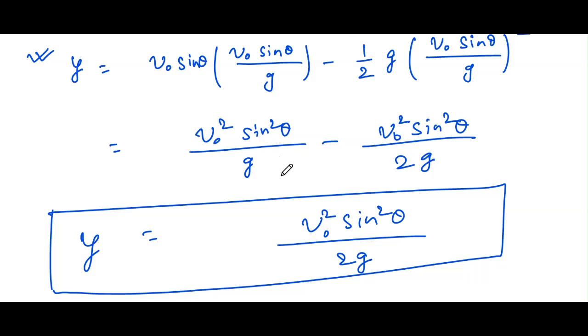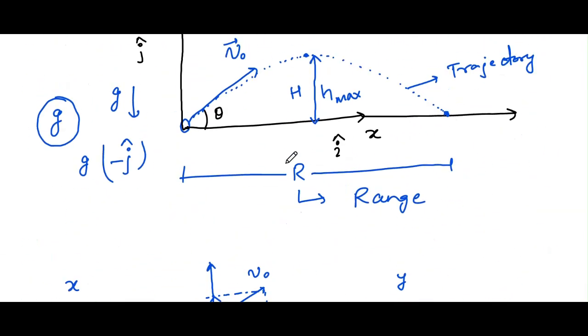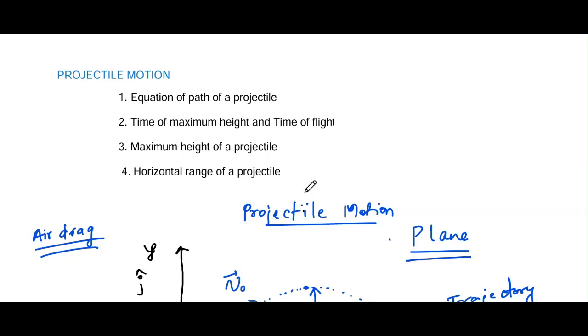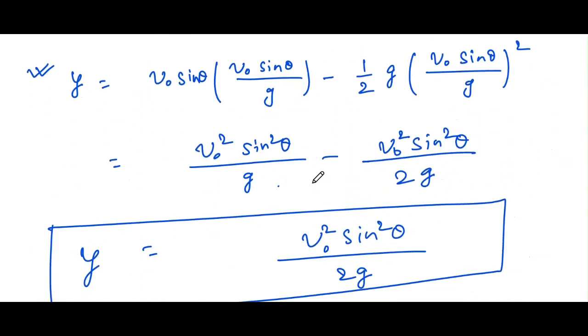Okay. The next point is the horizontal range of projectile. So horizontal range we can find out: x equals u t plus half a t square, but here there is no acceleration, so we can write simply v naught cos theta into the time of flight.